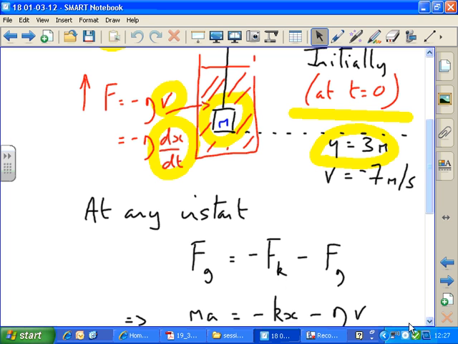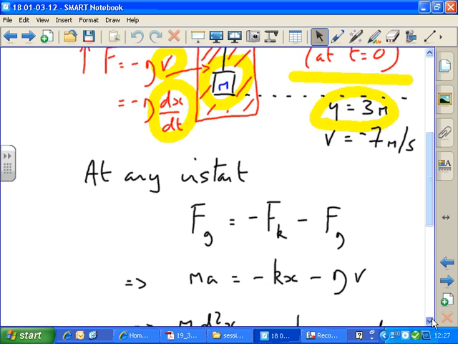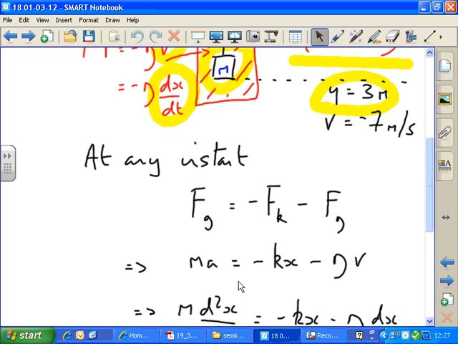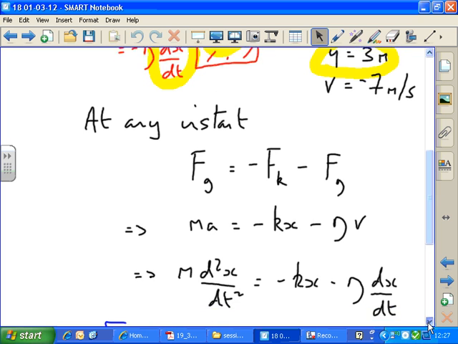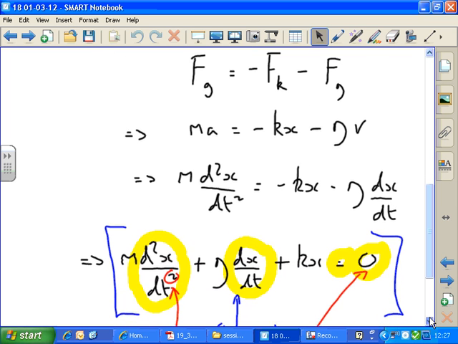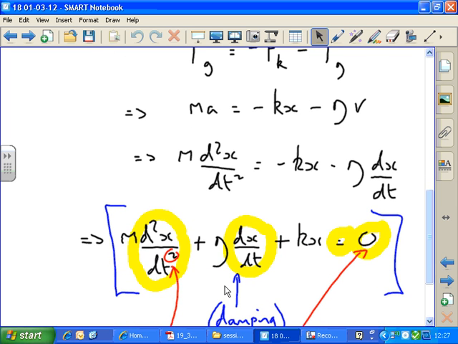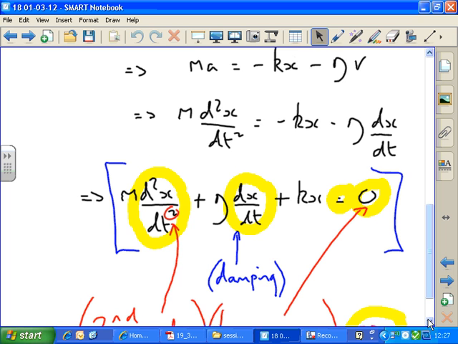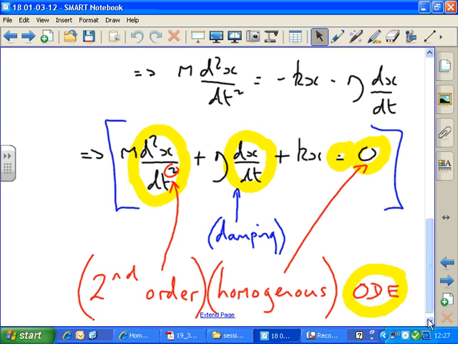If we replace each of those forces with its equation, ma, minus kx for the spring, and minus eta v, we can think of each of these in terms of x: m d2x by dt squared equals minus kx minus eta dx dt. And then we arrive at this, which we looked at last time, and recognize that it's a second order ordinary differential equation. There it is, and that's what we're going to be focusing on today.